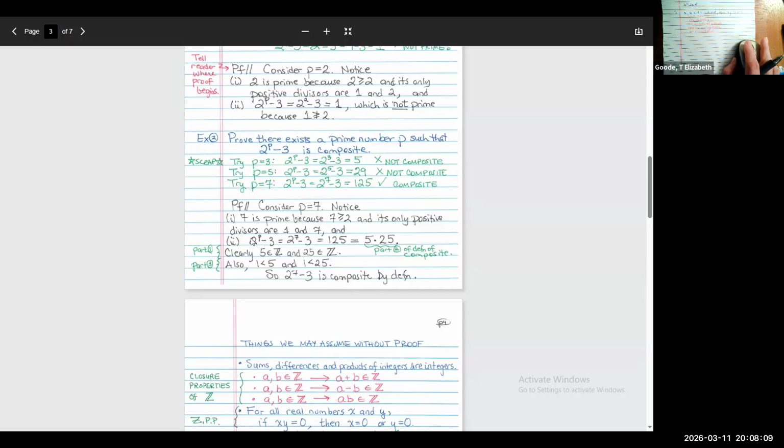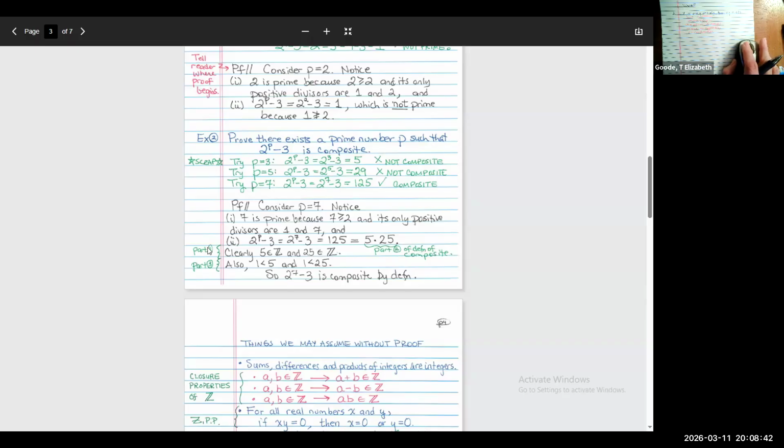And 2, we need to show that 2 to the p minus 3 is composite. Let's look at that. So here we show the work. 2 to the p minus 3 is 125, and we factored 125. Do you see how we factored it into 5 times 25? These are what we call non-trivial factors. They're both bigger than 1. So we just verify 5 is an integer and 25 is an integer.